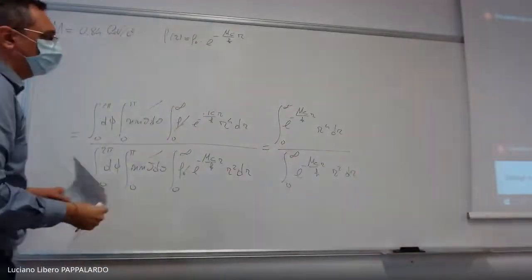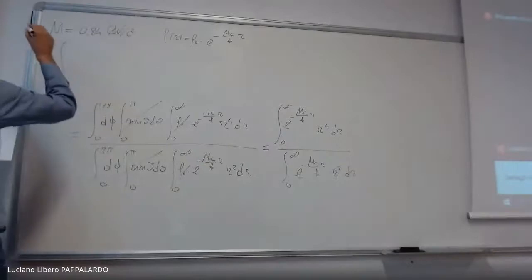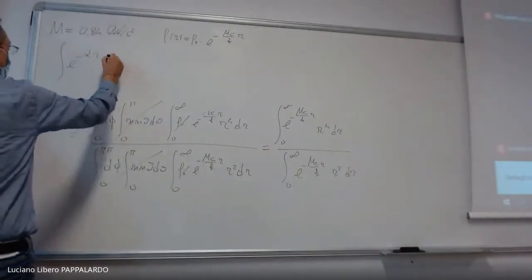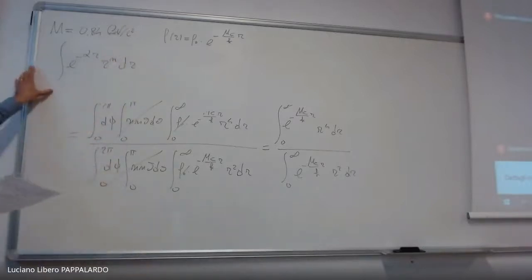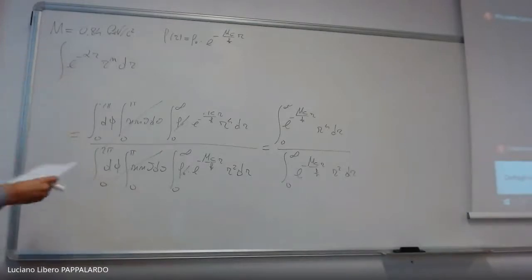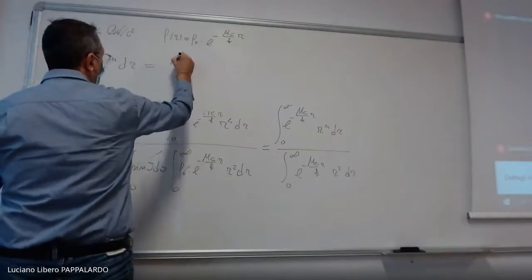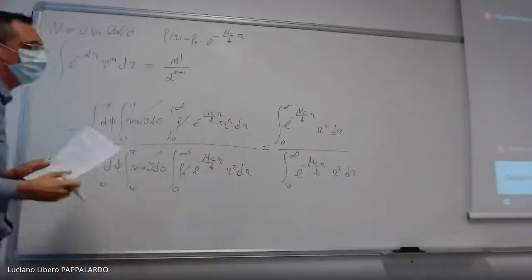Now, these two integrals are of the form integral of e to the minus alpha r times r to the n dr. They are both of this form here, and it is a known integral that can be solved by parts. The solution of this kind of integral is n factorial divided by alpha to the n plus 1.